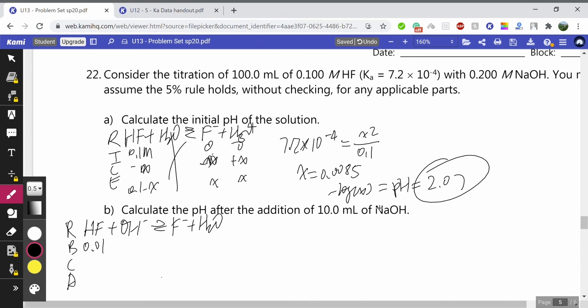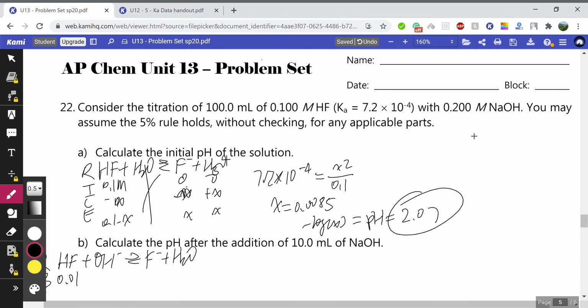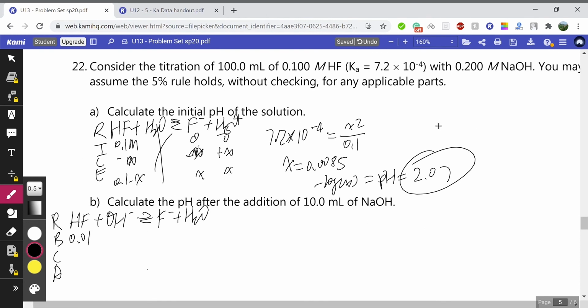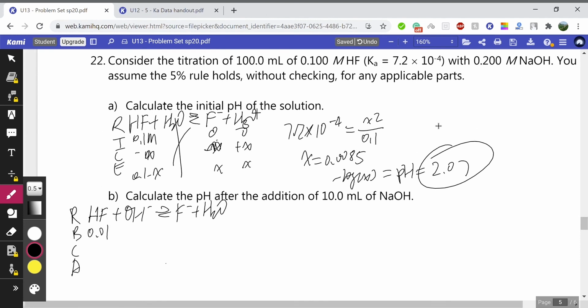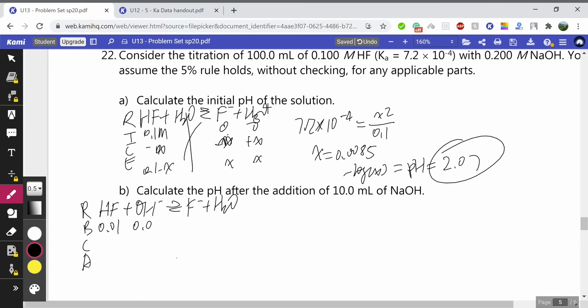And then NaOH, we have 0.2 molar, so 0.2 molar times 0.01 liter is going to be 0.002. Minus 0.002 on both sides and plus 0.002 over here. It will be 0.002 over here, 0 over here. 0.01 minus 0.002 should be 0.008. And now we're gonna do the HH equation.